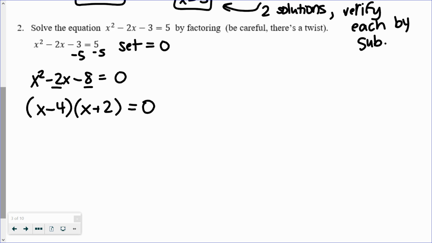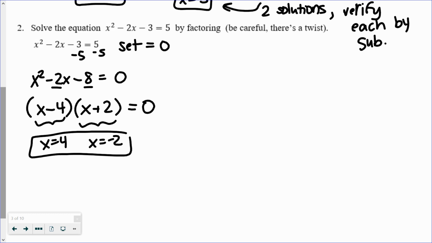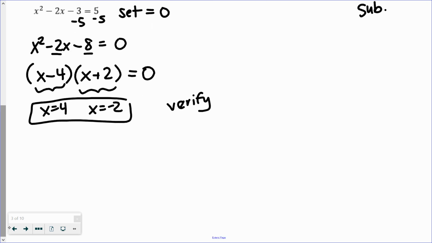And again, analyzing what would make each of those factors equal to 0, just like we had above, our solutions are x equals 4 and x equals -2. So two solutions. Again, you'd want to verify that they both are legit. But we're trying to get through a lot, so we're not going to actually do it, but you should on the day-to-day.